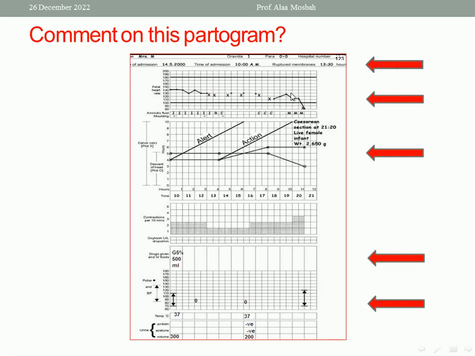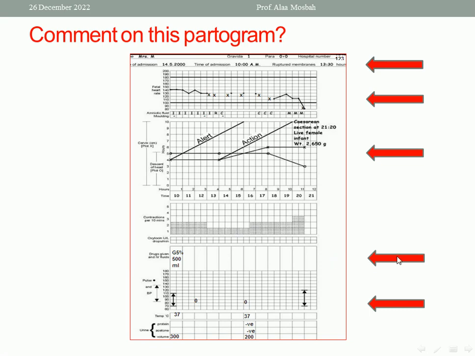Okay, so first is the personal information of the woman. Second is the fetal well-being, the fetal heart rate, molding, amniotic fluid, is it clear or bloody or meconium stained. Then this third partition is for the progress of labor: cervical dilatation, descent, and uterine contraction.